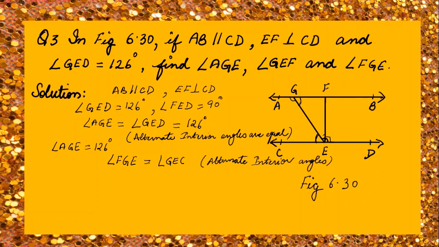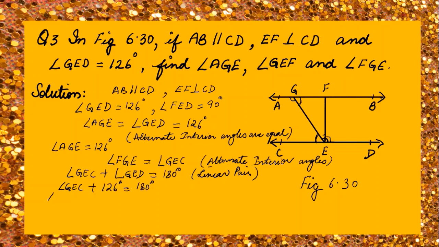Yes, and you can write angle GEC plus angle GED equals 180 degree. Yes, linear pair. So GEC is not given, plus GED it is given, that is 126 degree equals 180 degree.